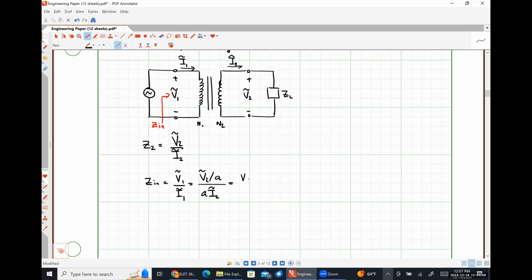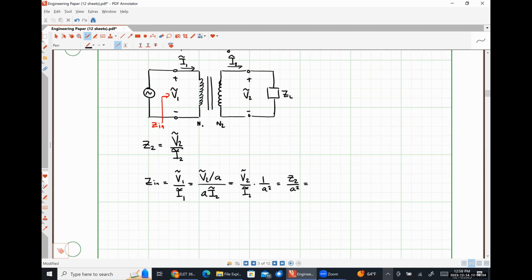So this is going to look like V2 divided by I2 multiplied by 1 over A squared, right? Because I have a 1 over A in the numerator, and then I already have an A in the denominator. Those get multiplied by each other, and it looks like 1 over A squared. So V2 over I2 is nothing more than my impedance Z2. So this looks like Z2 over A squared.